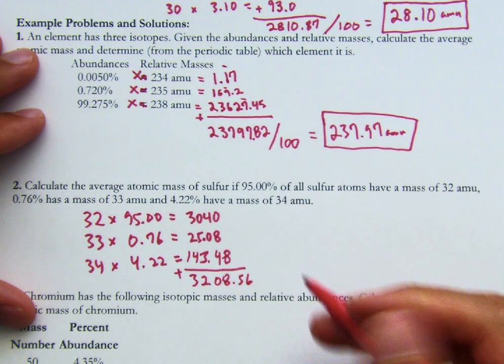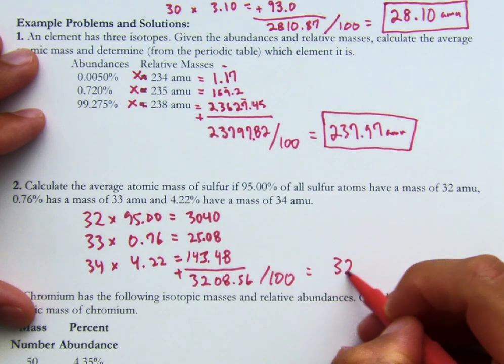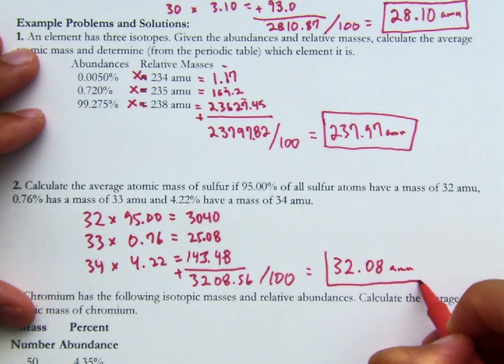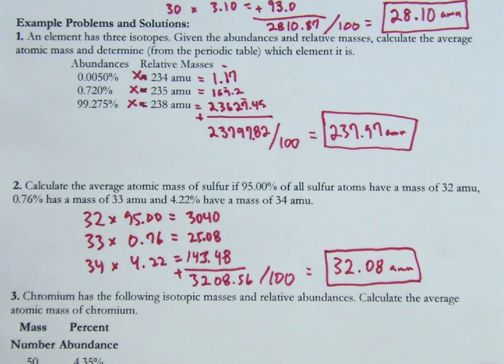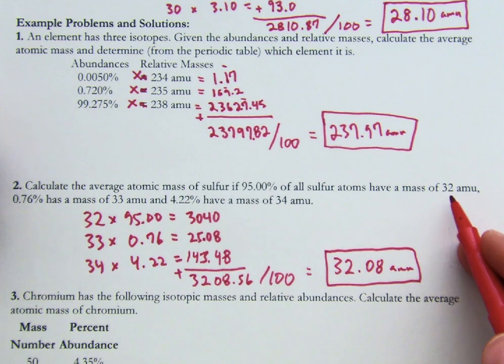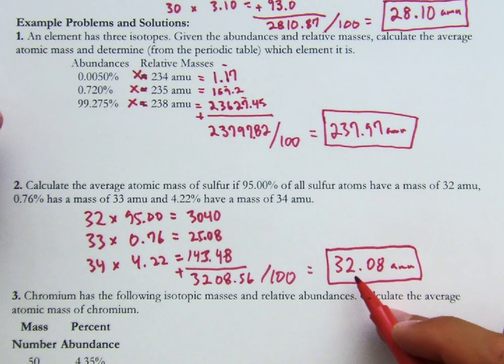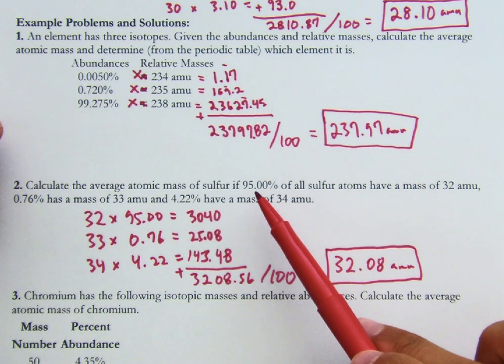Okay, now that number is going to get divided by 100, and you get 32.08. Now we can look on our periodic table. It should be pretty close. And then again, the isotopes are 32, 33, and 34, and this is between them, and it's closest to 32 because that's the one that we have the largest percent of in terms of the mass.